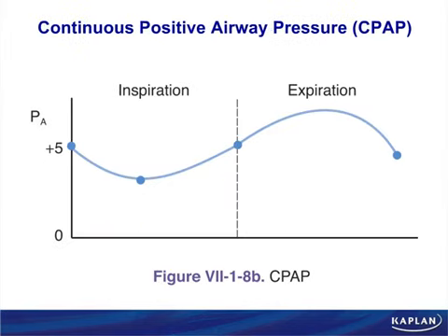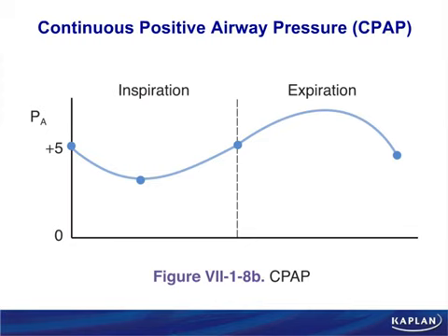Another mode of ventilation to know for step 1 is called continuous positive airway pressure, CPAP. CPAP. Oh, these are great. CPAP is similar to PEEP because we have a continuous positive airway pressure, but the big difference is the patient breathes on their own.